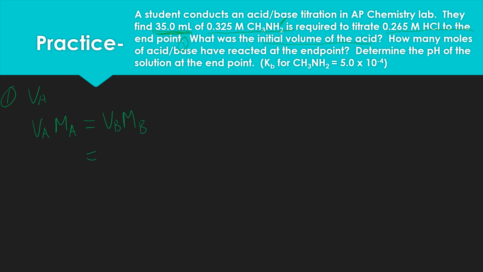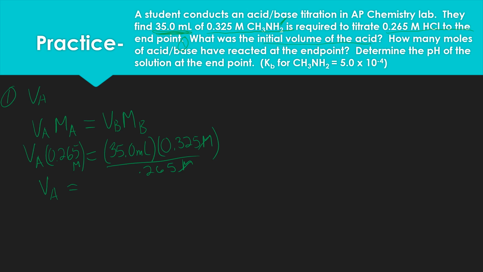So our volume of our acid is what we want. Our molarity of our acid is 0.265 molar. Our volume of our base is 35.0 milliliters. And our molarity of our base is 0.325 molar. So if we want to solve for our volume, we're going to divide both sides by our 0.265. The molarities will cancel, so we're going to be left with milliliters.